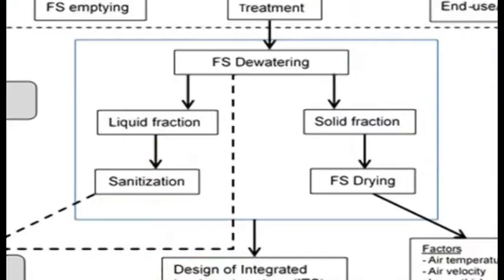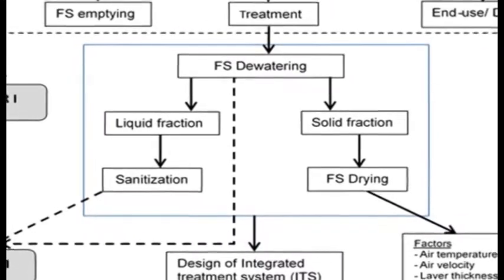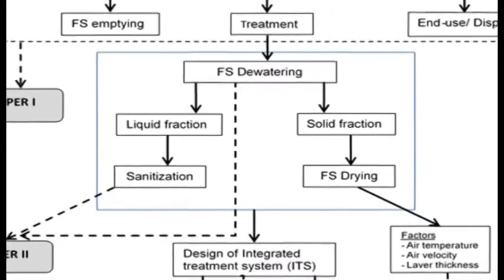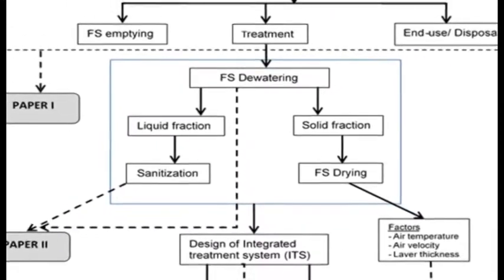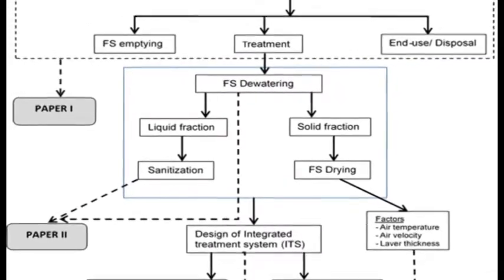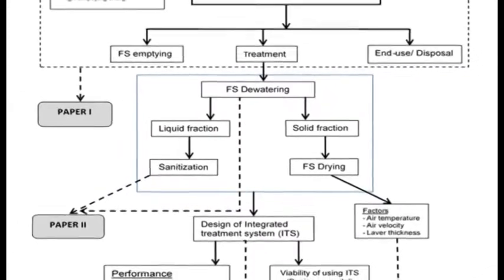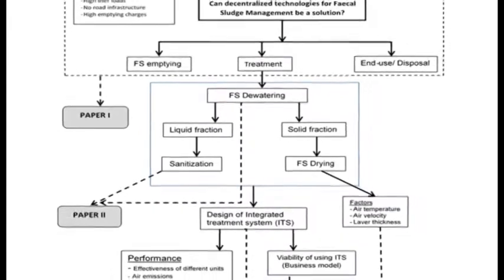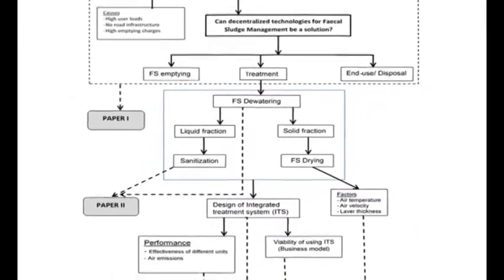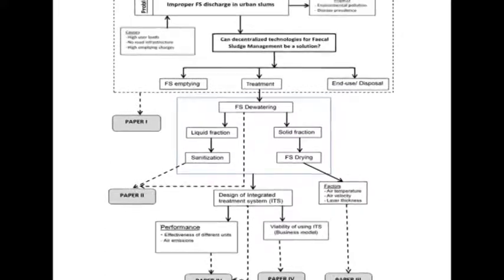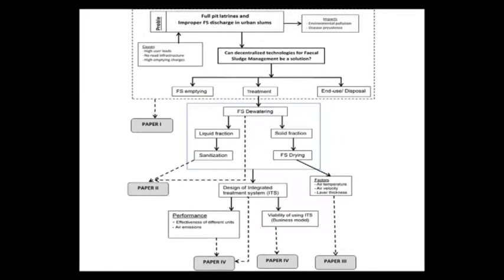One of the objectives of my PhD work is to come up with mechanisms for dewatering faecal sludge from pit latrines in such settings. There was a need to understand the characteristics of faecal sludge generated in such slum settings and determine how these influence faecal sludge dewatability.